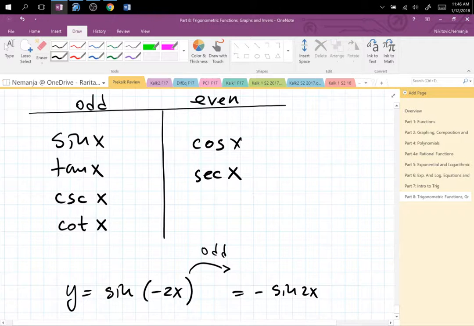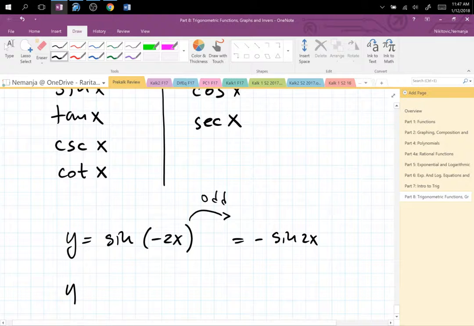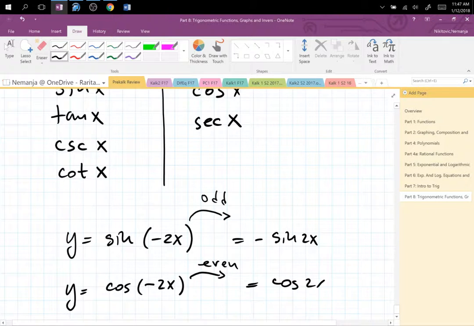So technically the flip becomes the vertical flip for the whole thing. If you have the same thing for cosine of 2x, by the property of even, you just delete it. It's just like it's not there.